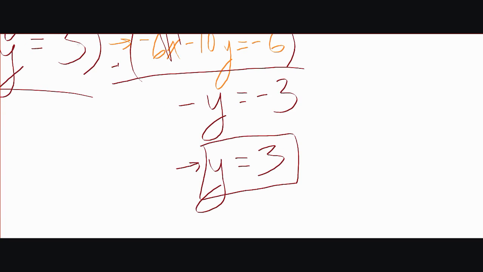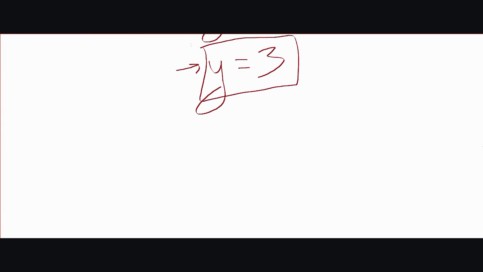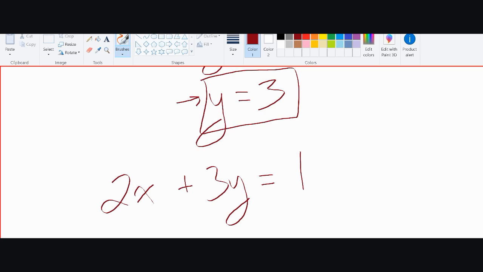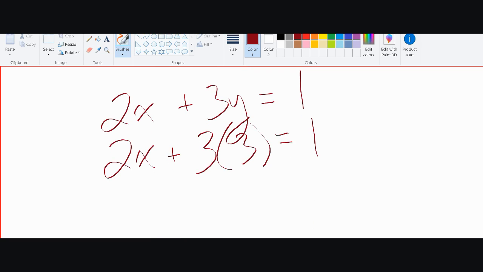That's fantastic because now I can plug that into either equation and solve for x. So I have 2x plus 3y is equal to 1. Let's plug in 3 for y. And when we do so, we get 2x plus 3 times 3 is equal to 1. 2x plus 9 is equal to 1.